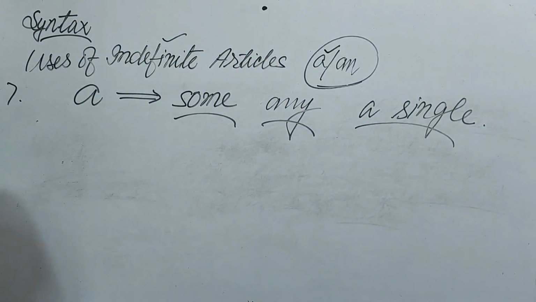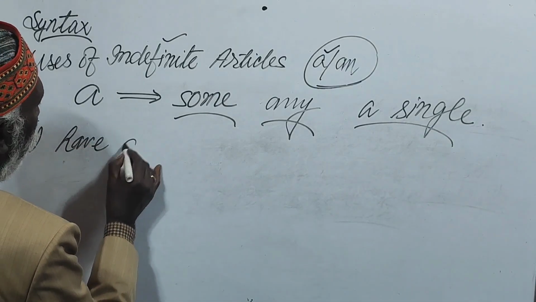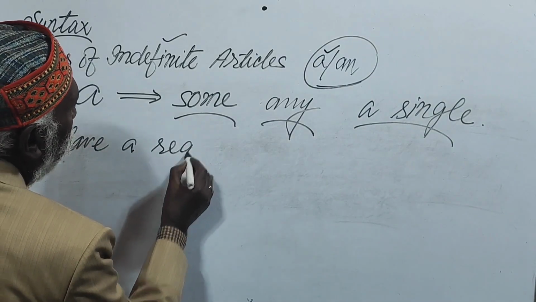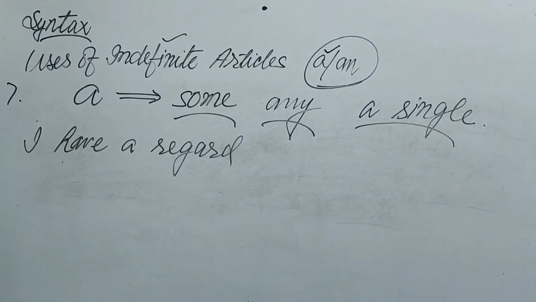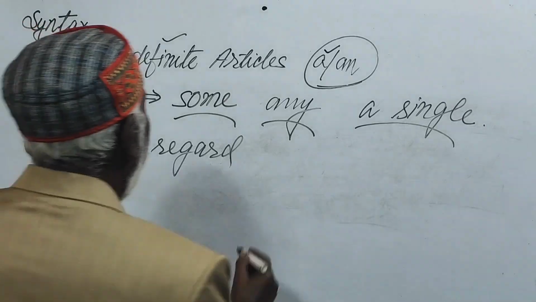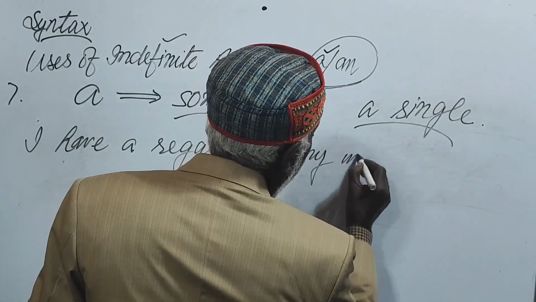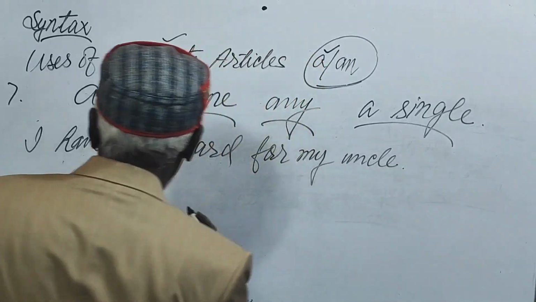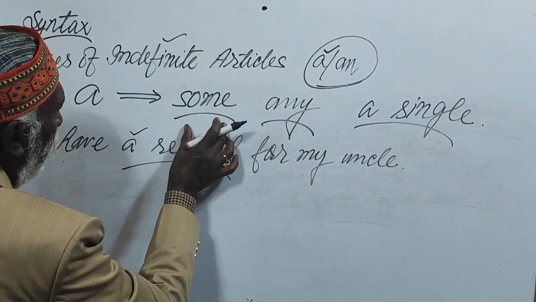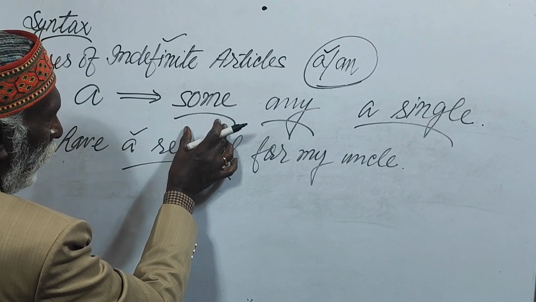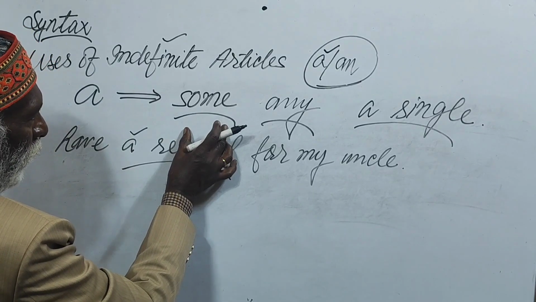How? I have a regard. मैं सम्मान रखता हूं. I have a regard for my uncle. Uncle के लिए मैं सम्मान रखता हूं. A regard, a means some. Clear? In the sense of some, any, or a single.